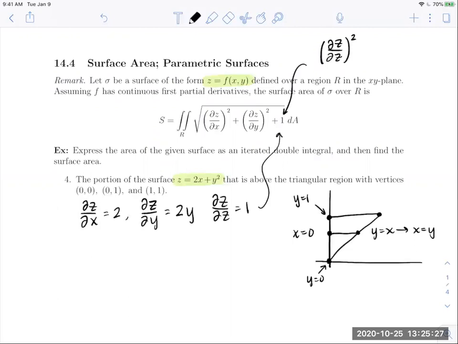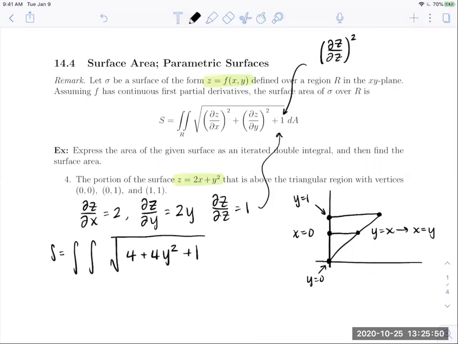All right, so let's go ahead and set up our surface area integral. I'll come back for those limits of integration, but first, I have my square root of (del z del x) squared, which is going to be 4, plus (del z del y) squared, which is 4y squared, and then of course plus 1.